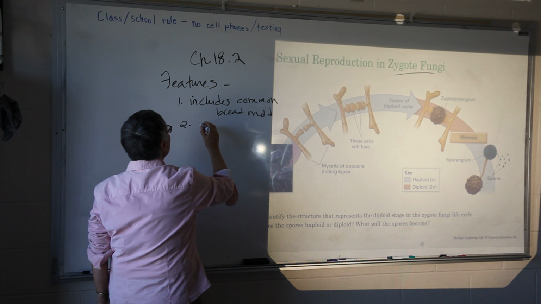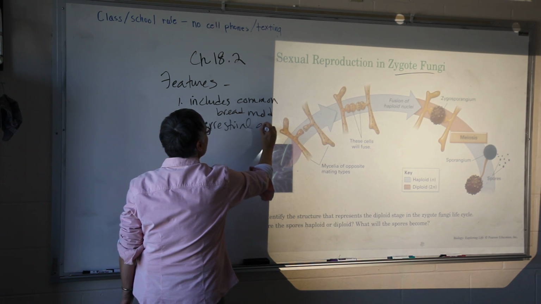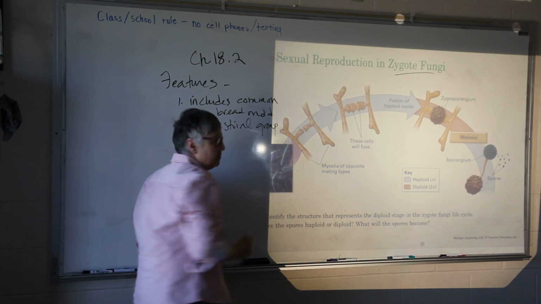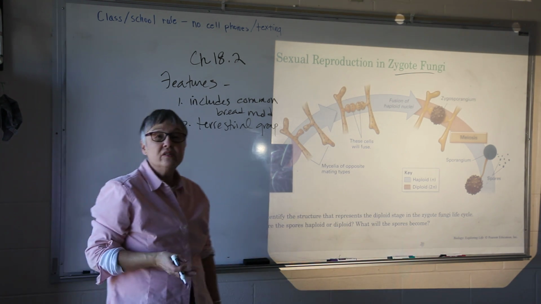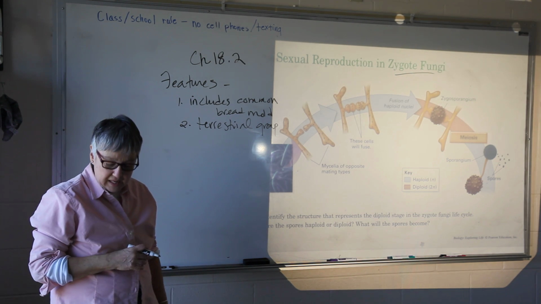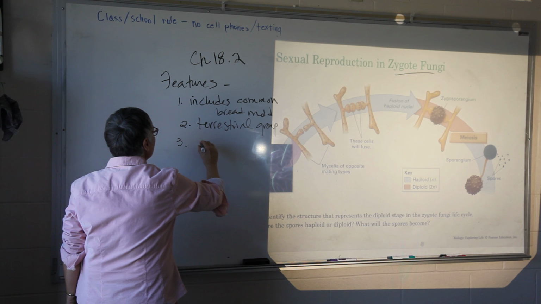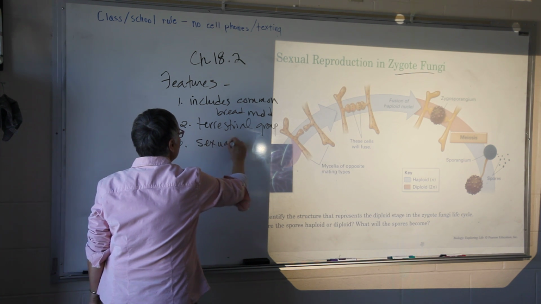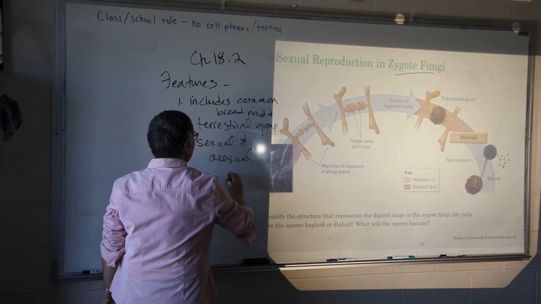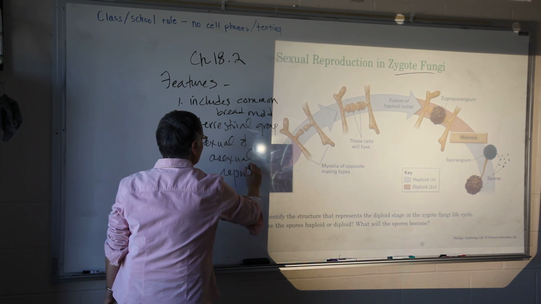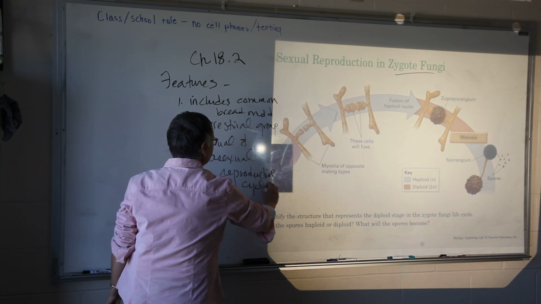This is a primarily terrestrial group found in moist soils as well as decaying plant and animal matter. And it has both a sexual and an asexual reproductive cycle.